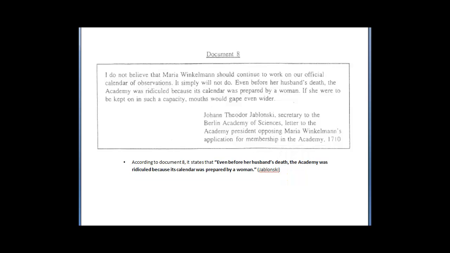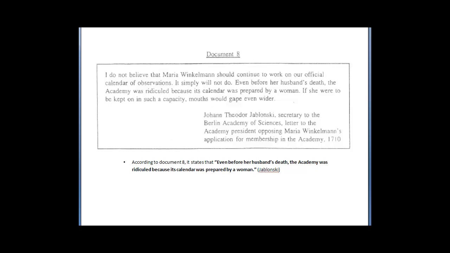And here's my quote. Even before her husband's death, the Academy was ridiculed because its calendar was prepared by a woman. And then what I'd have to do after that is follow that up with my analysis. Okay? And my analysis then is where I'm talking about what's the importance of this quote? How does this apply?